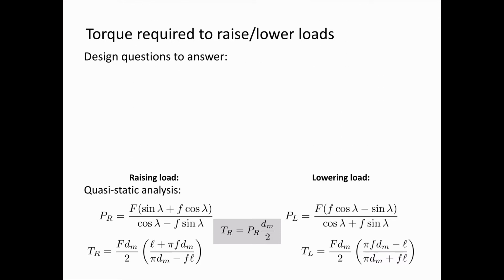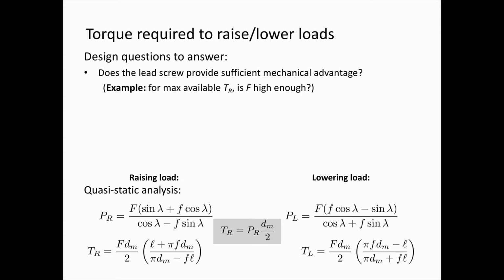There are a number of design questions that may be important to answer. One is, does a lead screw provide sufficient mechanical advantage for our design purposes? One way of thinking about this: if there's some maximum torque that we are able to exert on the screw, is the axial force generated by this torque high enough for our purposes?